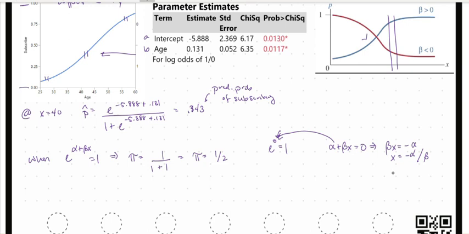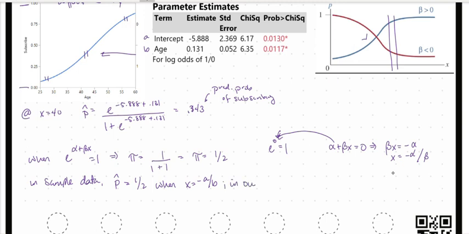So in sample data, I've got a predicted probability of success of 1/2 when x equals negative a over b. Sorry, I wrote that wrong. My predicted probability of success is 1/2 when x equals negative a over b.